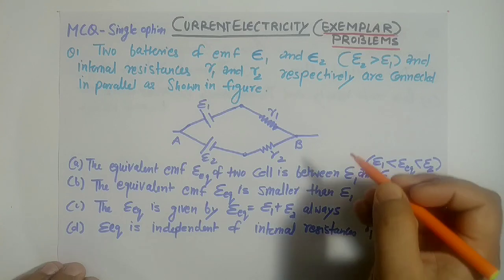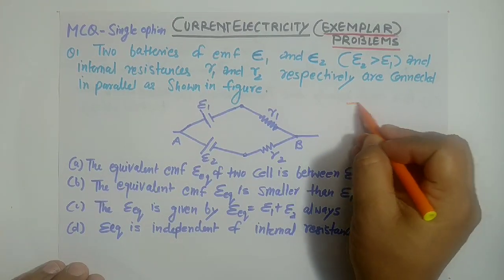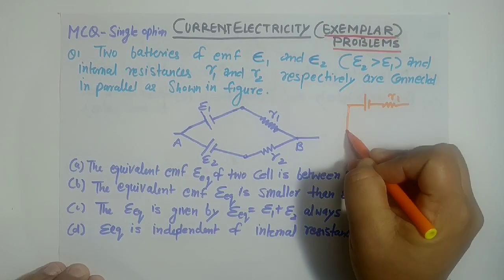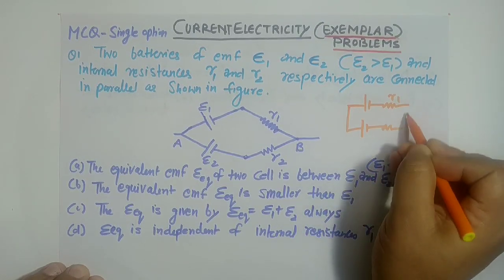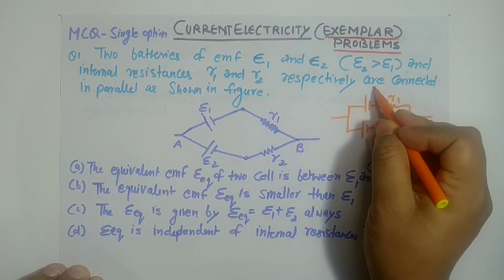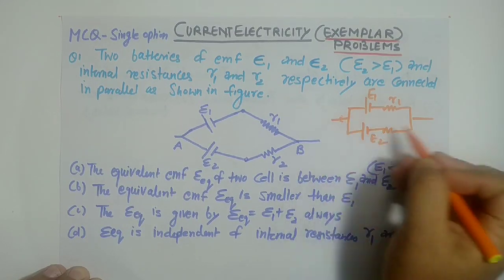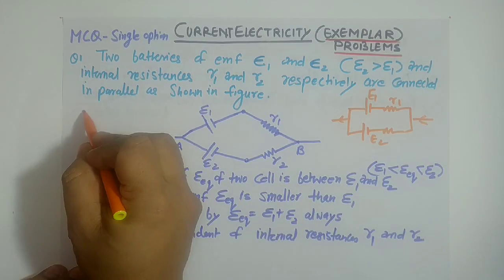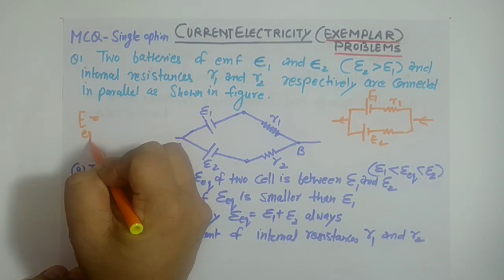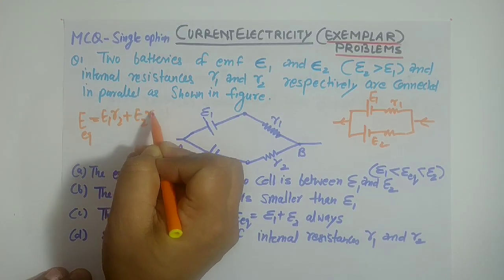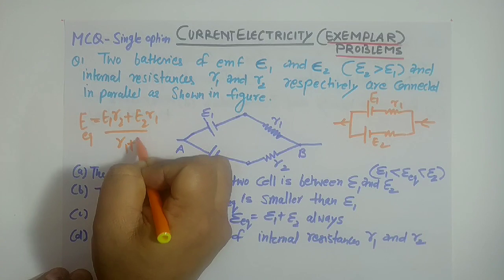I think all of you know about this circuit: if you have two batteries like this, with internal resistances R1 and R2, and this is E1 and this is E2, what was the expression for the equivalent EMF? You remember it was E equivalent equals E1 R2 plus E2 R1 upon R1 plus R2.